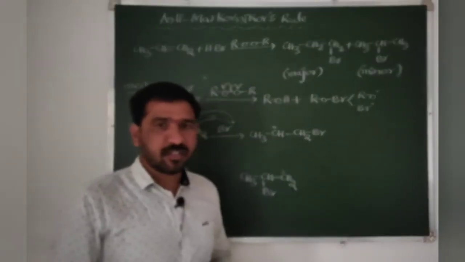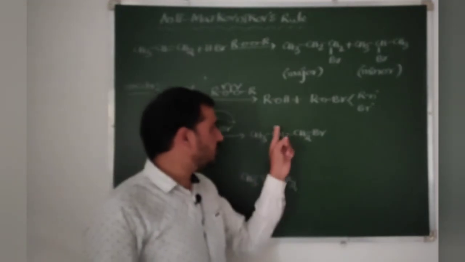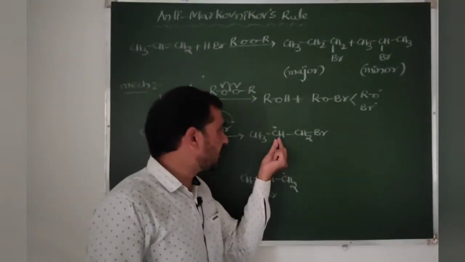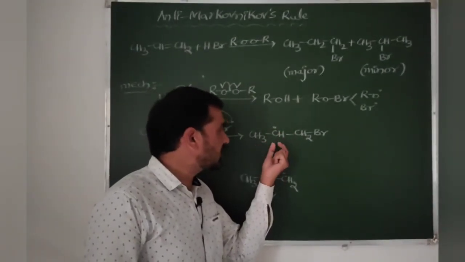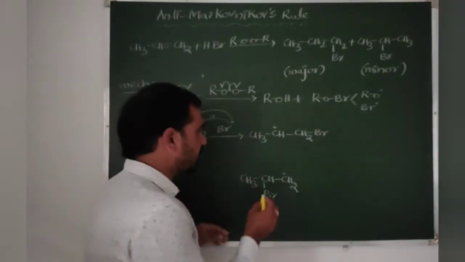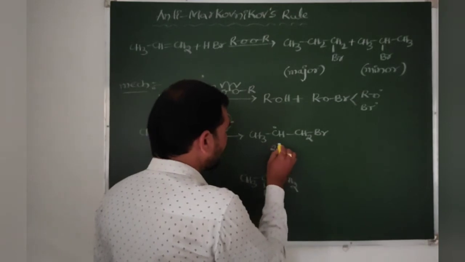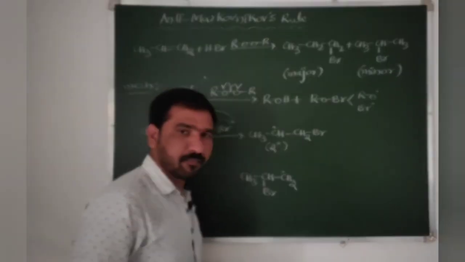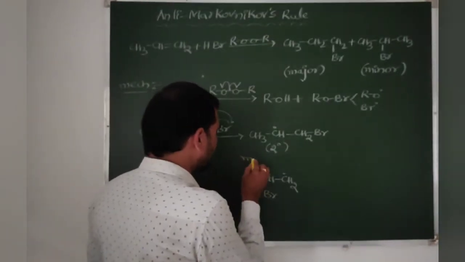Coming to this first intermediate, the dot is over the carbon which is directly attached to two carbons, that is the carbon free radical, named as a 2-degree carbon free radical. This is more stable.